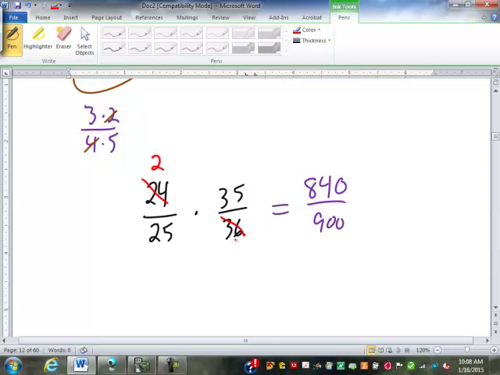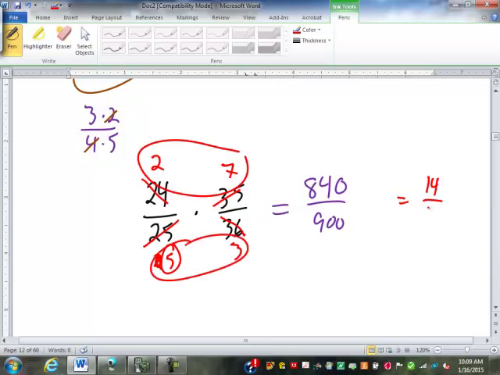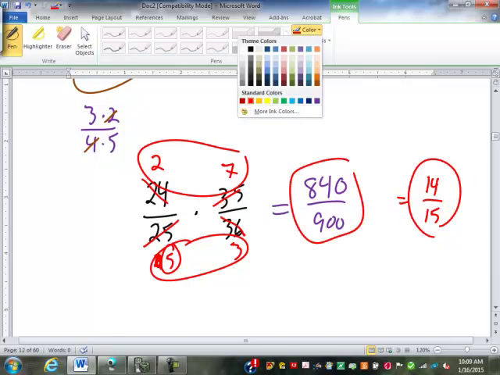So this is 2 and 3. 25 and 35 can both be divided by 5. That gives me 5 and 7. So now 2 times 7 is 14. 5 times 3 is 15. If you were to reduce the other way, it would reduce to 14 over 15. It just takes a while to get there.